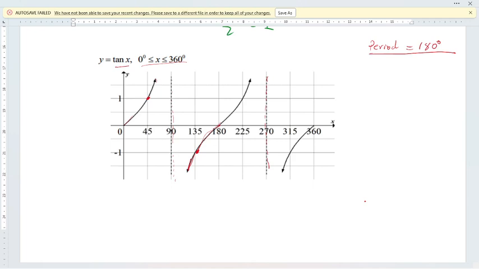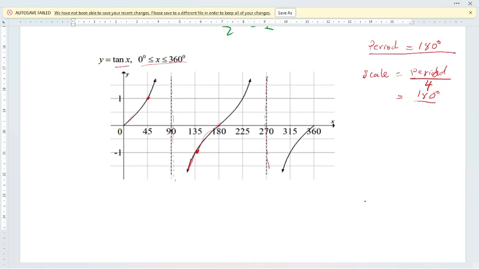So now let's plot the graph using the period of 180. To plot the graph, you must get the scale. So what will be the scale? The scale will be the period divided by 4, which is the number of quadrants. The period of this graph is 180 degrees divided by 4.